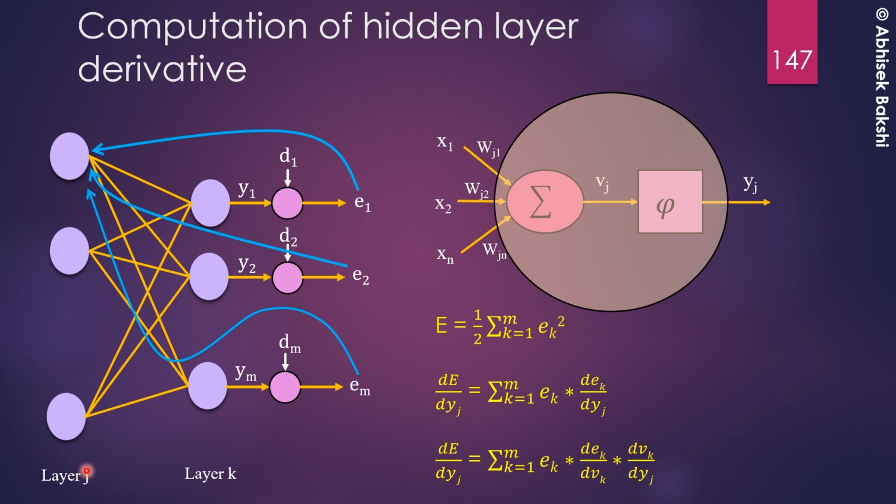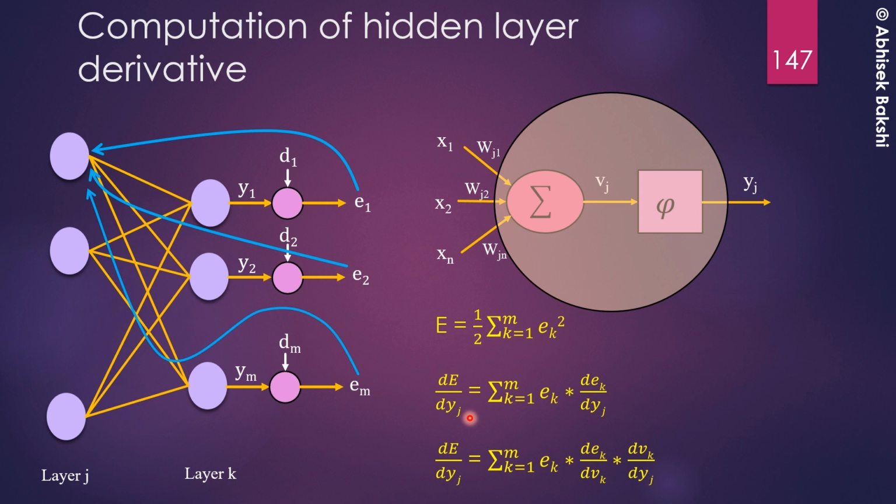We are in layer j. This is the hidden layer, and this is the output layer, which is layer k. So we know this equation, that capital E is equal to this. This equation you already know, right? Now the question is that we have to find the derivative of error with respect to yj. How is it possible?